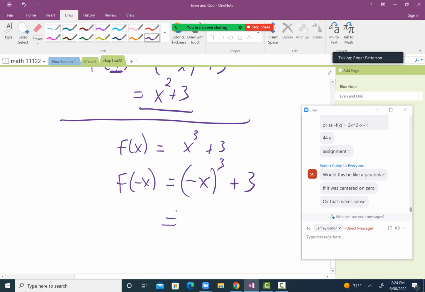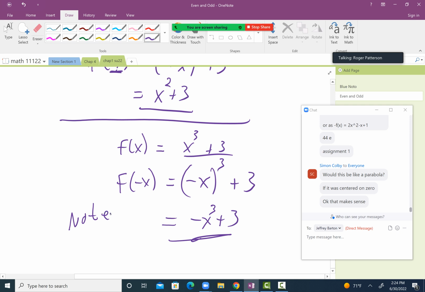Hopefully you guys can hear me and I'm coming across okay. Since I have a negative and I'm cubing that, negative and negative make a positive, but then another negative makes it back to negative. Since these things are not the same, that is not odd, or excuse me, not even.